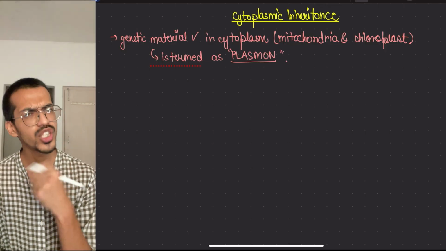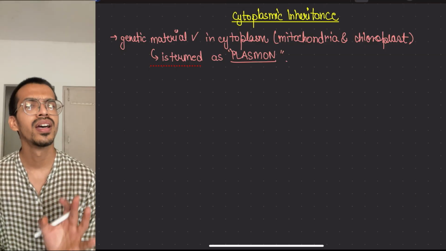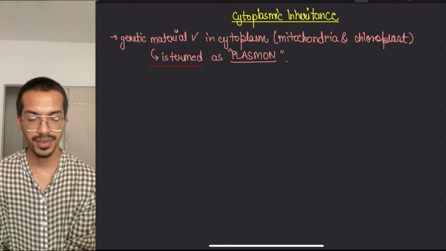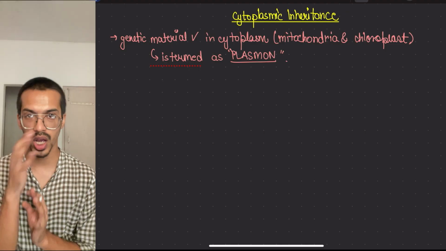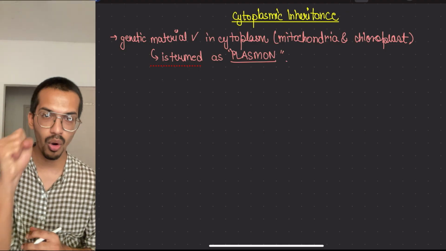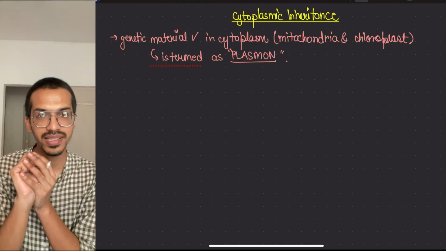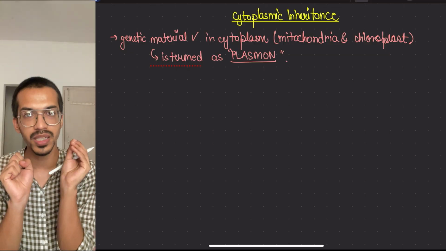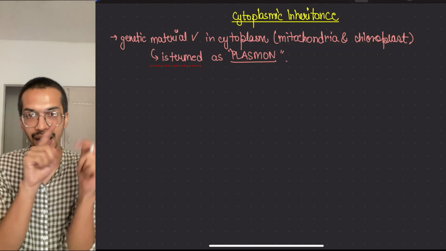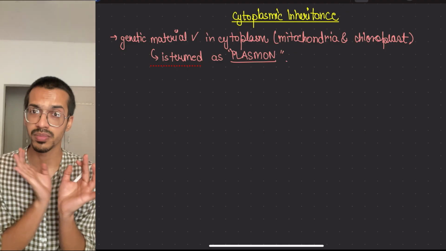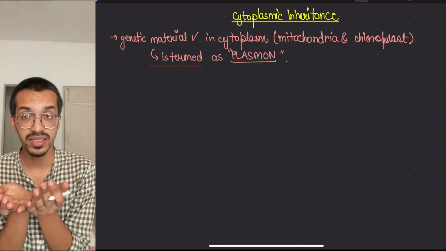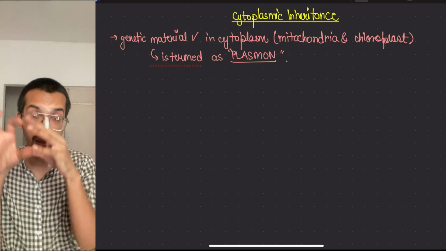Okay, now let's see an example of it. The example which I am taking is a very simple one. Now think about it. Who will be the affecting ones? In sexual reproduction, there is a female egg which is bigger in size and the male sperm is very small. Now, remember that the cytoplasm is negligible in the sperm, whereas in the egg, the female gamete, it is the most abundant.